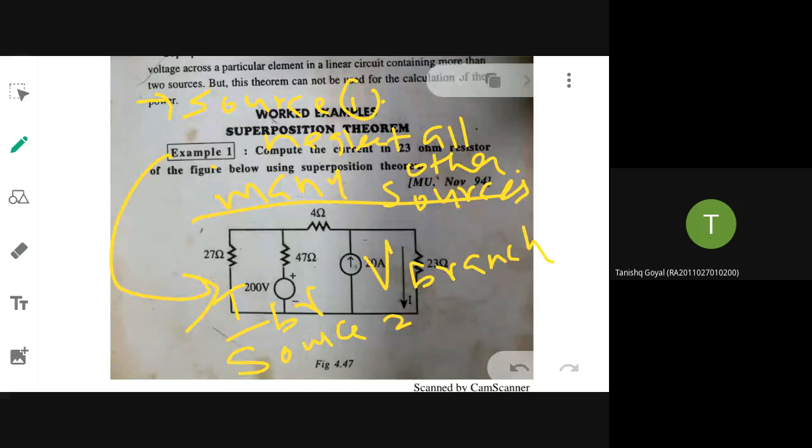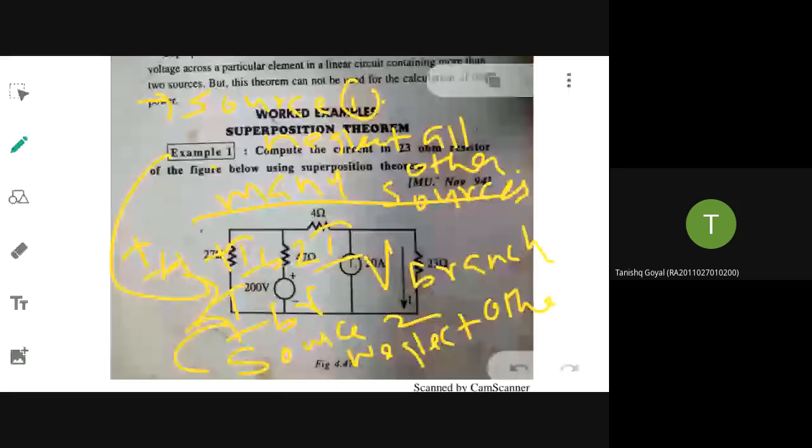When you are considering source number 1, neglect all other sources and find out the current. That is case 1. Then source 2: neglect the other source 1 and find out the current IB. Then you sum up IB1 plus IB2, and that will be your actual current. That is the meaning of the superposition theorem.